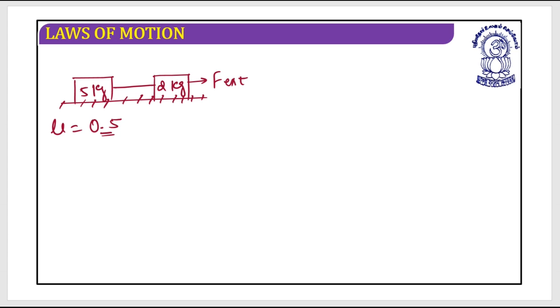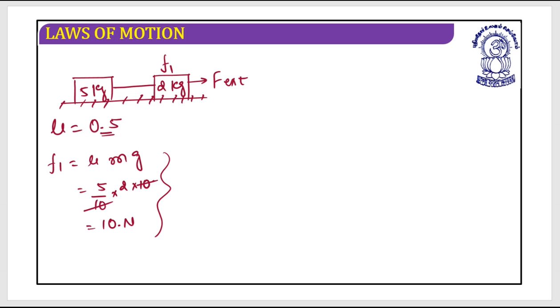So first let's calculate the maximum friction that can be given by the 2 kg block. This F1 is equal to mu into mg. This mu is 5 by 10 multiplied by 2 multiplied by 10. The 10s cancel, and this is 10 Newton. This is the maximum friction that can be given by the first block.